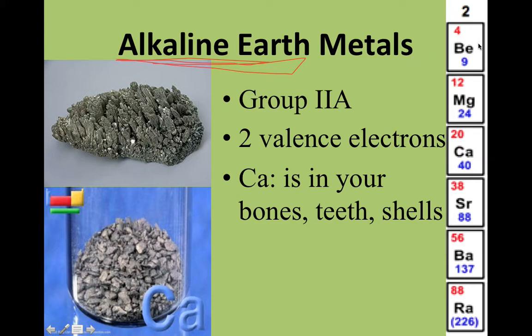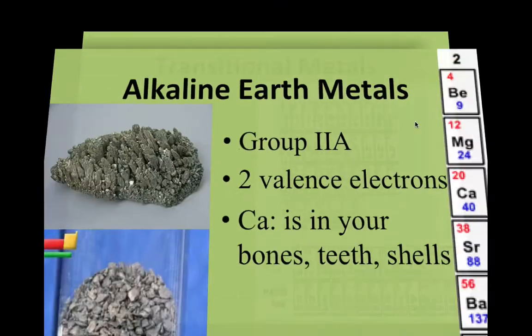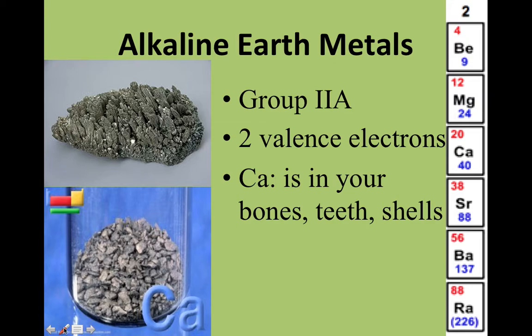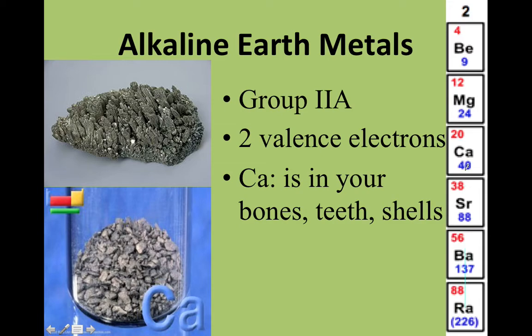Beryllium all the way down to radium, all of these are found in the earth. Let's look at magnesium. That one's also very popular in the earth, but calcium is a big one, easy one to remember. It's found in your teeth and shells, and it's also found in your bones. Calcium, think about your milk. You're getting calcium to make your bones strong.